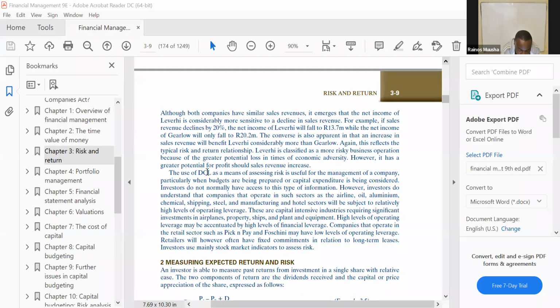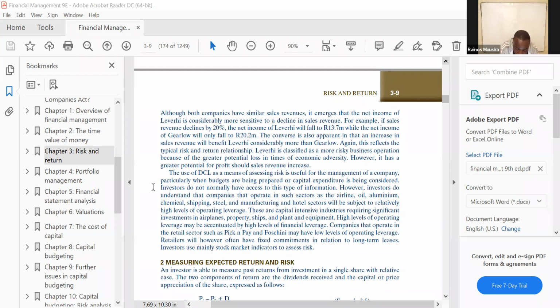So here they say, the use of degree of combined leverage as a means of assessing risk is useful for the management of a company, particularly when budgets are being prepared or capital expenditure is being considered. Investors do not normally have access to this type of information.